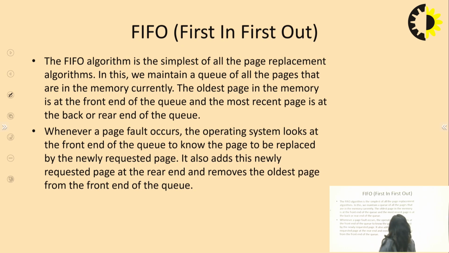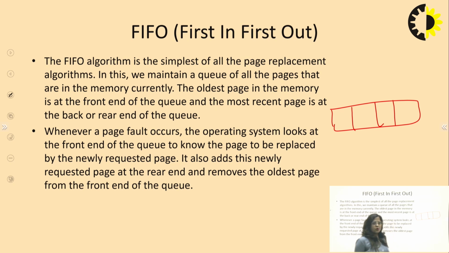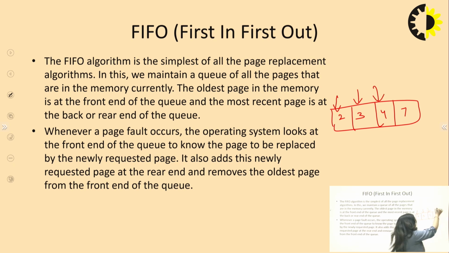It means, let's suppose we have a frame size of 4. Now here we store different pages. Let's suppose we use page 2, then 3, then 4, then 7. So firstly you store 2, then 3, then 4, then 7. But in page replacement, a page is replaced by another page, which is the page demanded by the CPU.